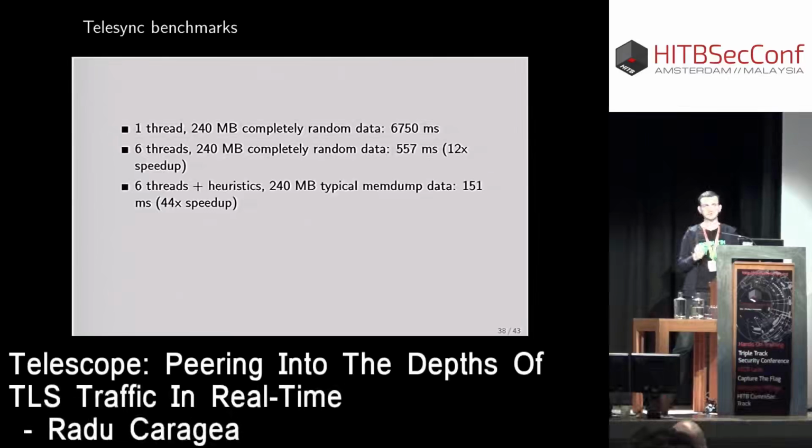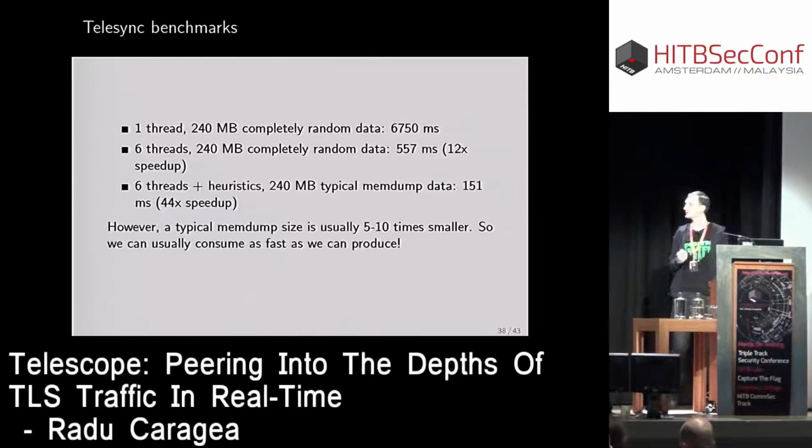So you can add these heuristics and you will get a bigger speedup, to about a couple of hundreds of milliseconds. But think about it. As we said, a typical memory dump is a couple of tens of megabytes, right? So this means that it's actually a couple of tens of milliseconds on each micro memory dump to process. So we can actually consume the memory dumps as fast as we can produce them. So space won't fill up at all.